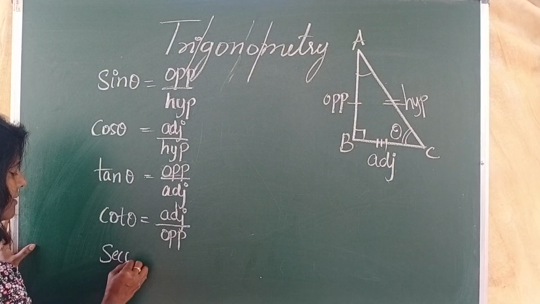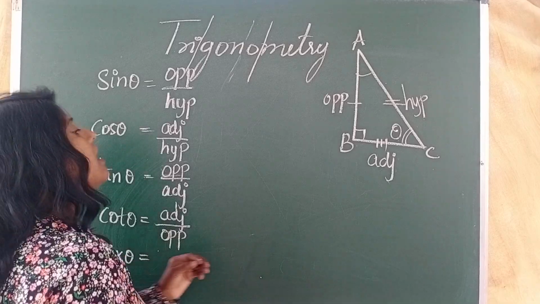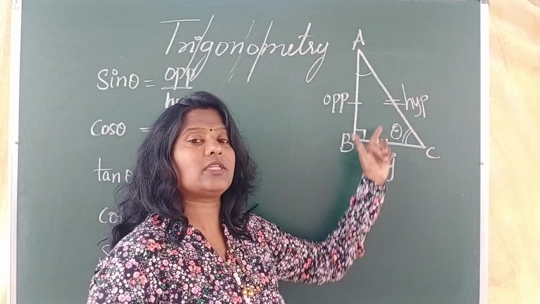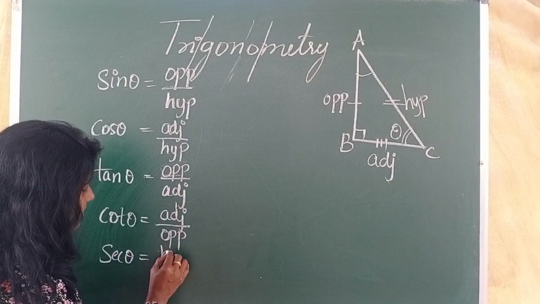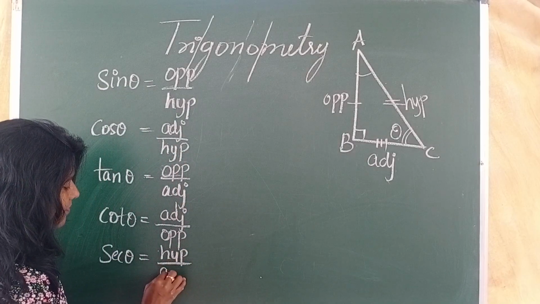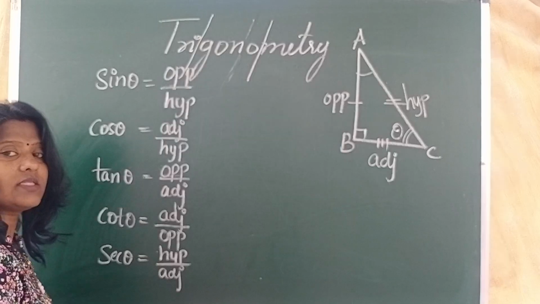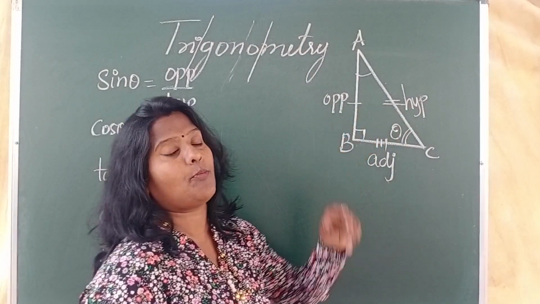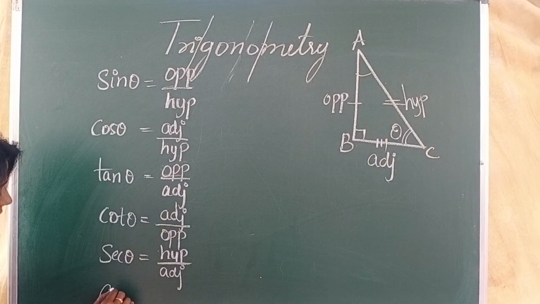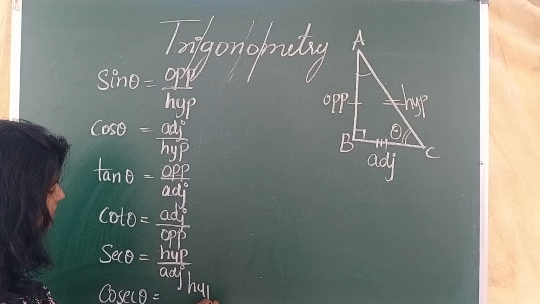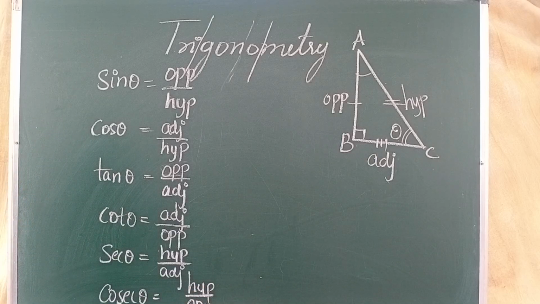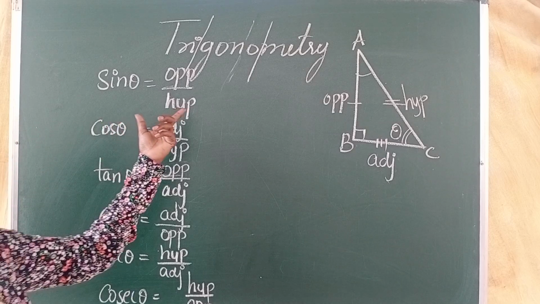It is the biggest side with the smallest side, that is hypotenuse with adjacent. Similarly, one more comparison is left, that is hypotenuse with opposite. That is cosecant. So these are the 6 trigonometric ratios.